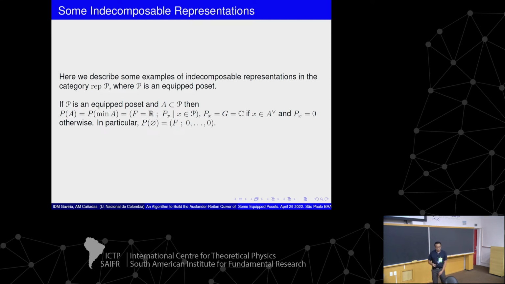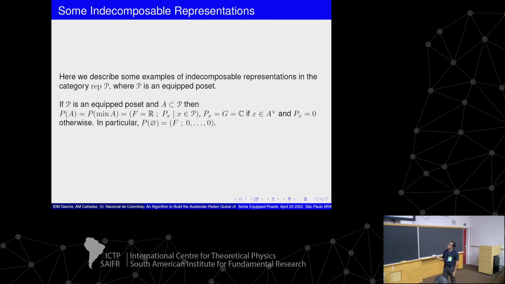Let me present some kinds of indecomposable representations. For instance, here P sub 0 is a projective representation. You put here F in U sub 0, and for all points in the poset, you put the 0 space.